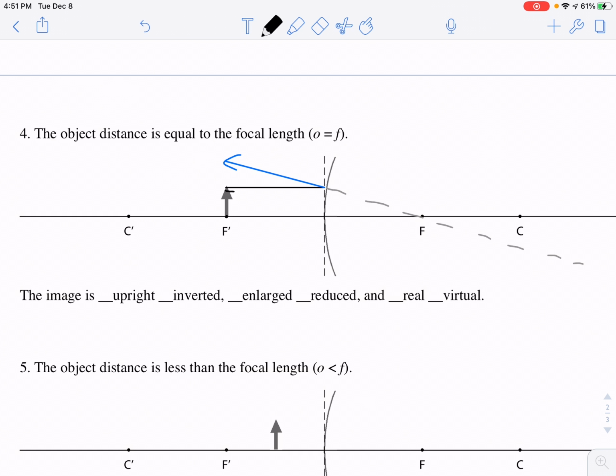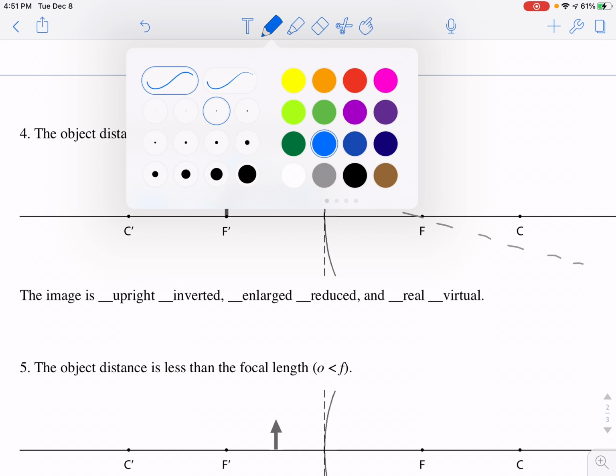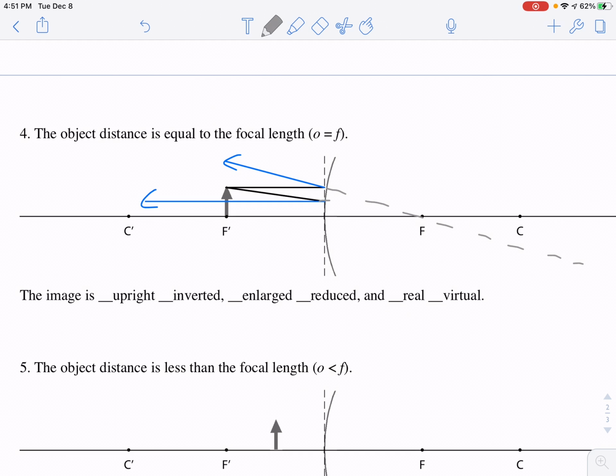Your second ray goes, or tries to go, through the center of curvature, through the focal point. As soon as we reach the mirror, it's going to bounce parallel to the principal axis. When we draw the back ray, we can see the image is forming even closer. We still, notice, have an upright, reduced, virtual image.